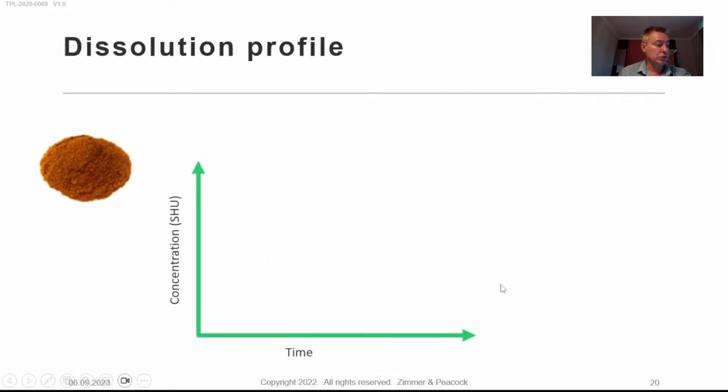If we look at the dissolution profile, you're going to find that the concentration, as something dissolves into the solution, has a curve where it rises and then plateaus, and it plateaus where it's saturated. There's a parameter here, which is time. If you're analyzing chili powders, the more time you leave them to extract, the more likely you are to have reached this plateau.